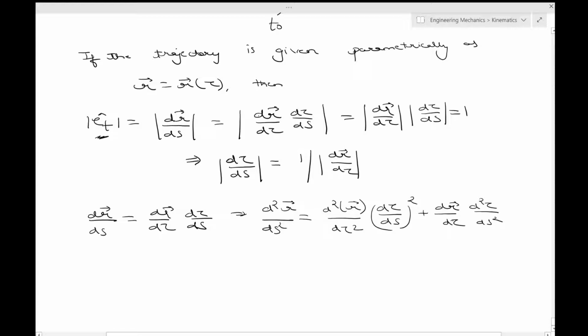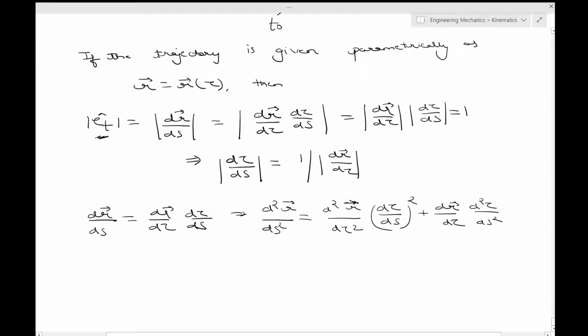Okay, this is much better. So you have d2r, and d tau by ds. So this particular is okay.